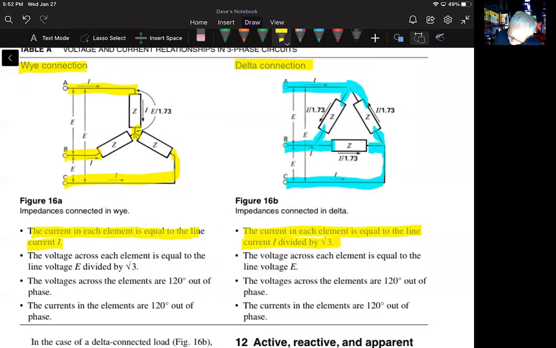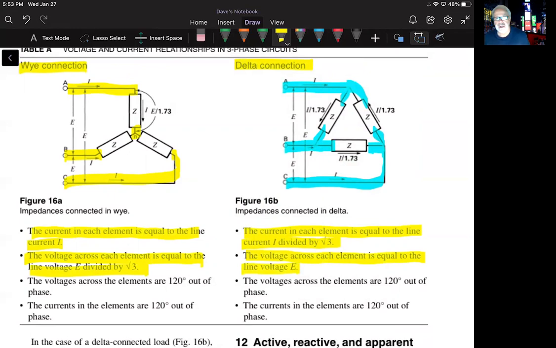The current in a Y connection is equal to the line current. The current in a delta connection is equal to the line current divided by the square root of 3. The voltage across each element in a Y connection is equal to the line voltage divided by the square root of 3. The voltage across each element in the delta connection is equal to the line voltage.